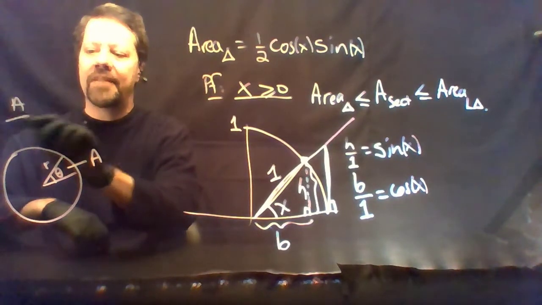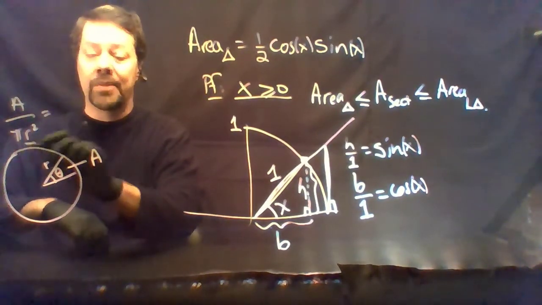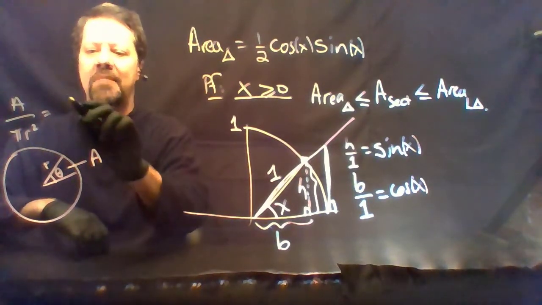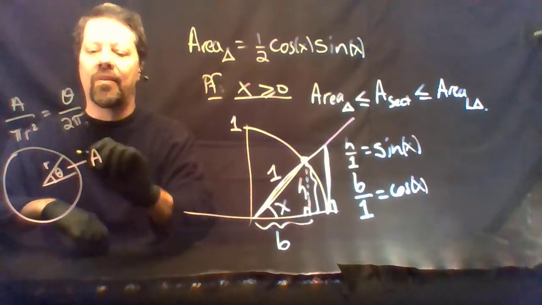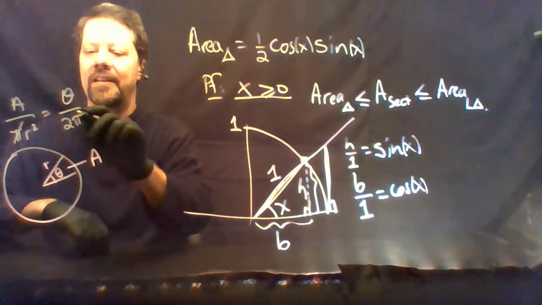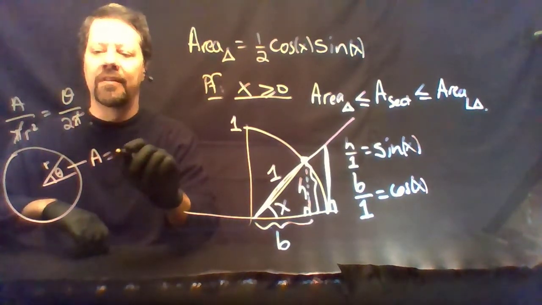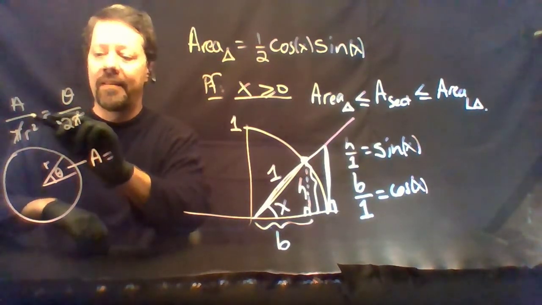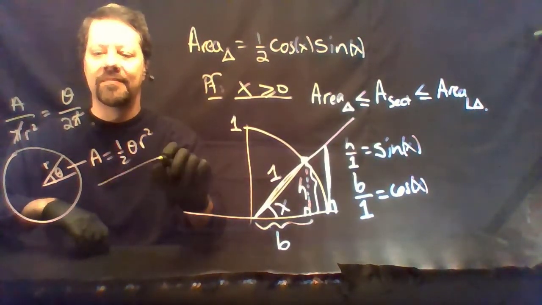The area divided by the area of the entire disk, which is pi r squared, will be in the same proportion as the central angle theta to the angle all the way around, which is 2 pi. If you cancel pi from both sides and multiply the r squared over, you get the area is 1/2 theta r squared.